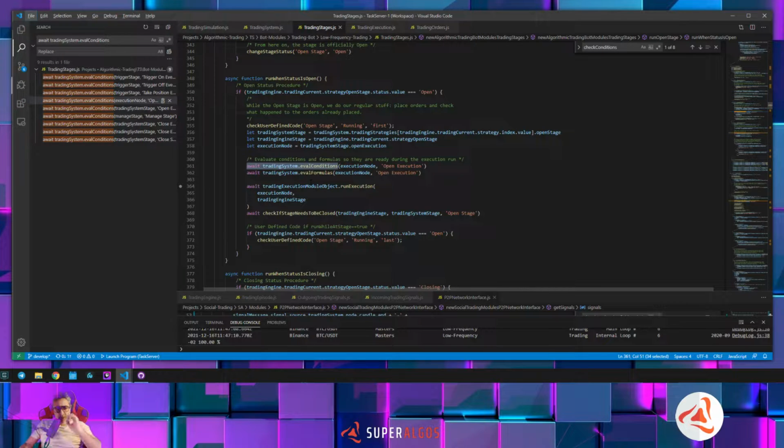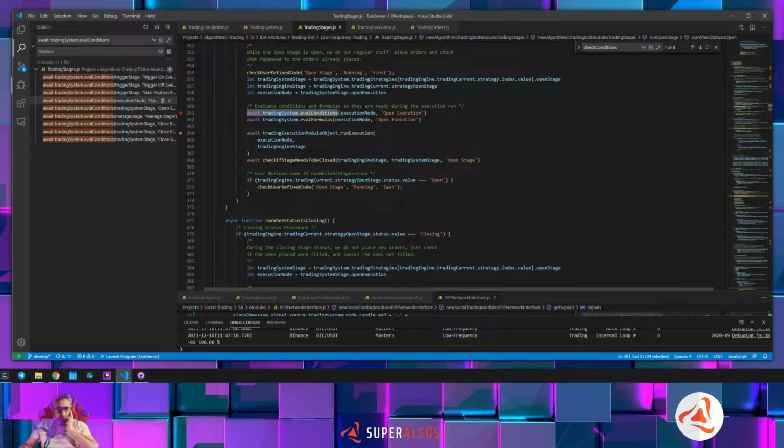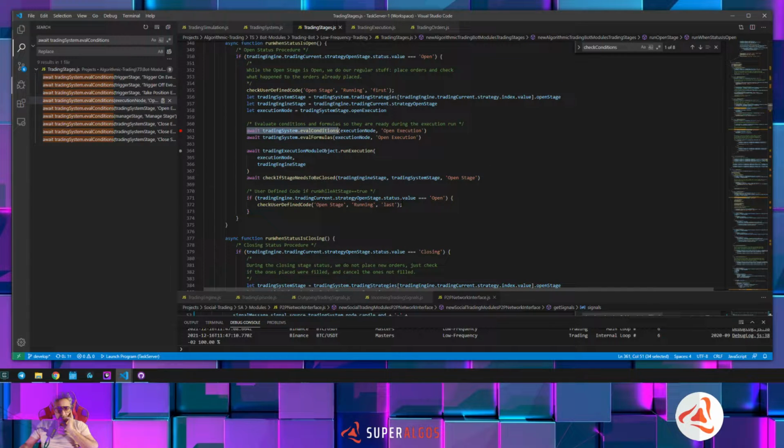I don't really remember this code, so one way to find out is to follow the code by debugging. Okay, here's the point when it gets into run execution, trading execution. So probably this is called here because it's going to be needed inside here.